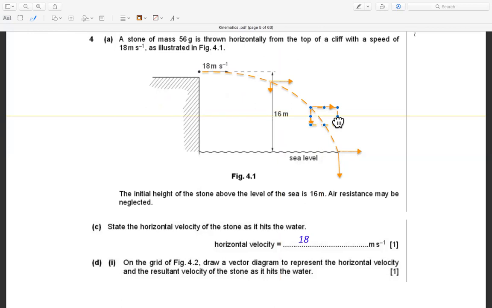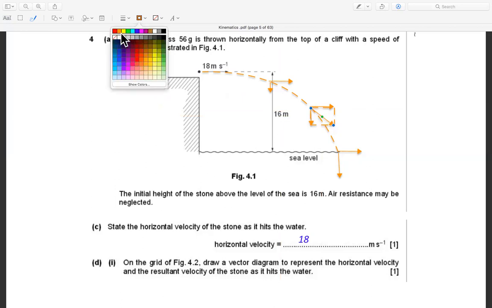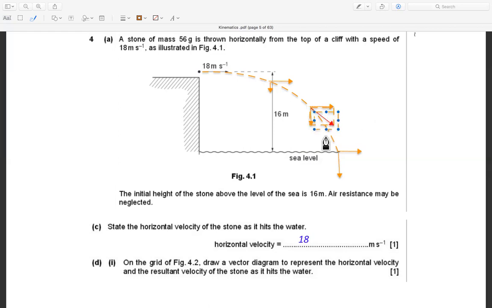So the resultant velocity, I give the red one. And then in this position also, the red one is the resultant velocity.